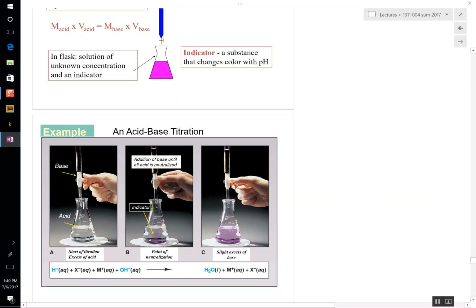So to isolate the moles of sulfuric acid all by itself, the molarity of your H2SO4 is going to equal the molarity of your base times your volume of your base divided by the volume of your acid. And you're going to have to divide this by 2.